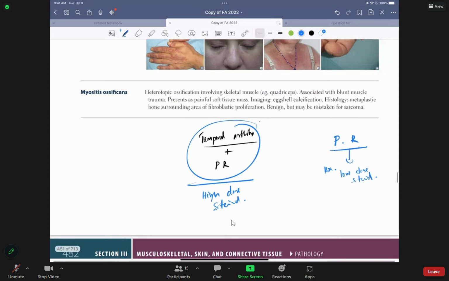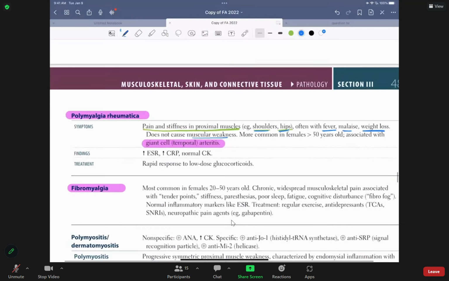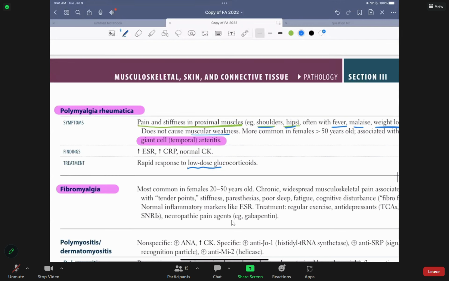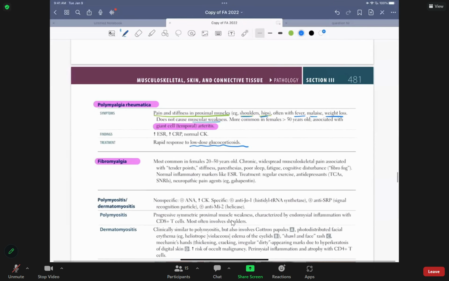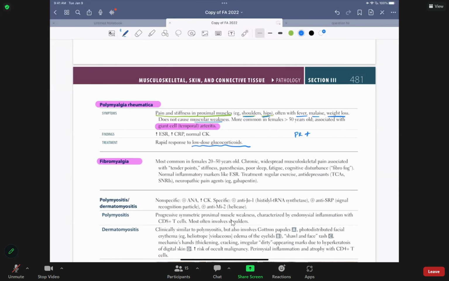So is everybody clear? Now if you look at polymyalgia rheumatica, that's low dose. But I will also write here polymyalgia rheumatica plus temporal arteritis, then high dose. Don't forget that. It's very easy to miss.